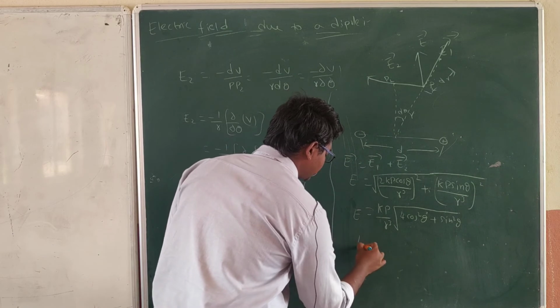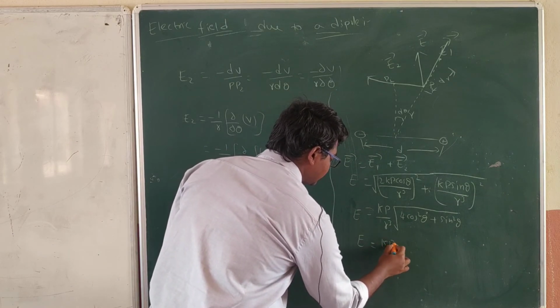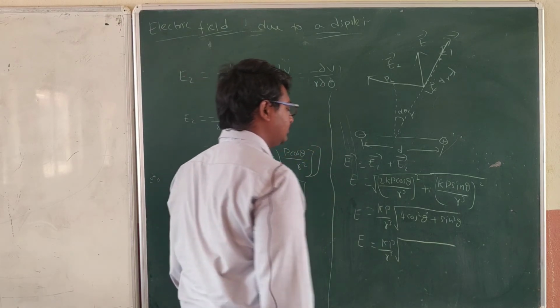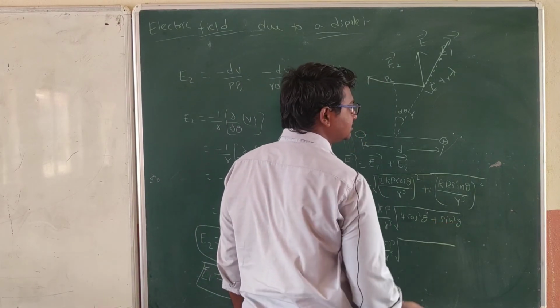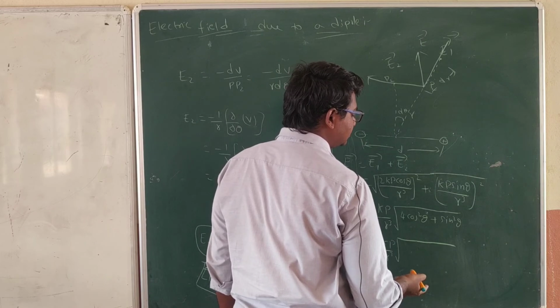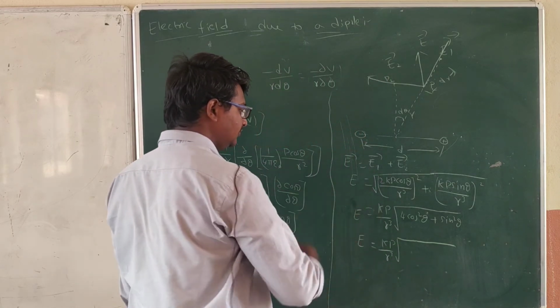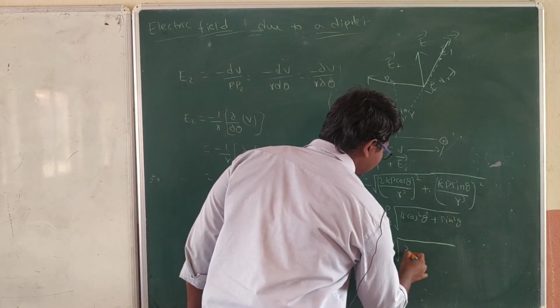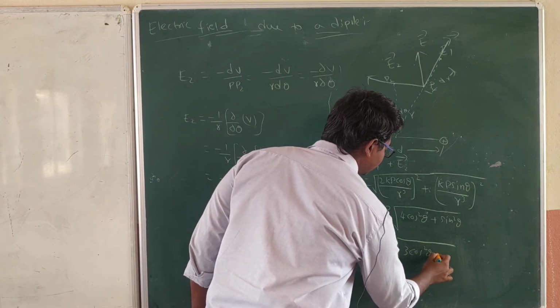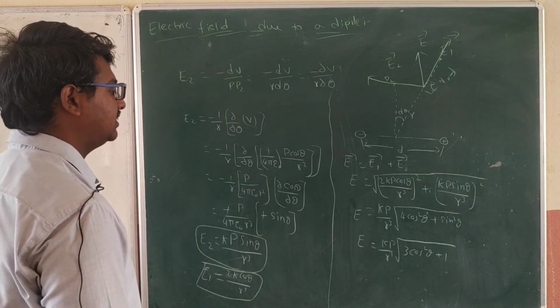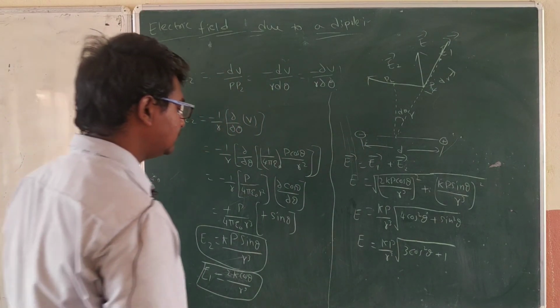This is the E value. E is equal to Kp by r cube under root of 4 cos square theta plus sin square theta. Sin square theta plus cos square theta is equal to 1. Then after doing that calculation, we will get 3 cos square theta plus 1, right.